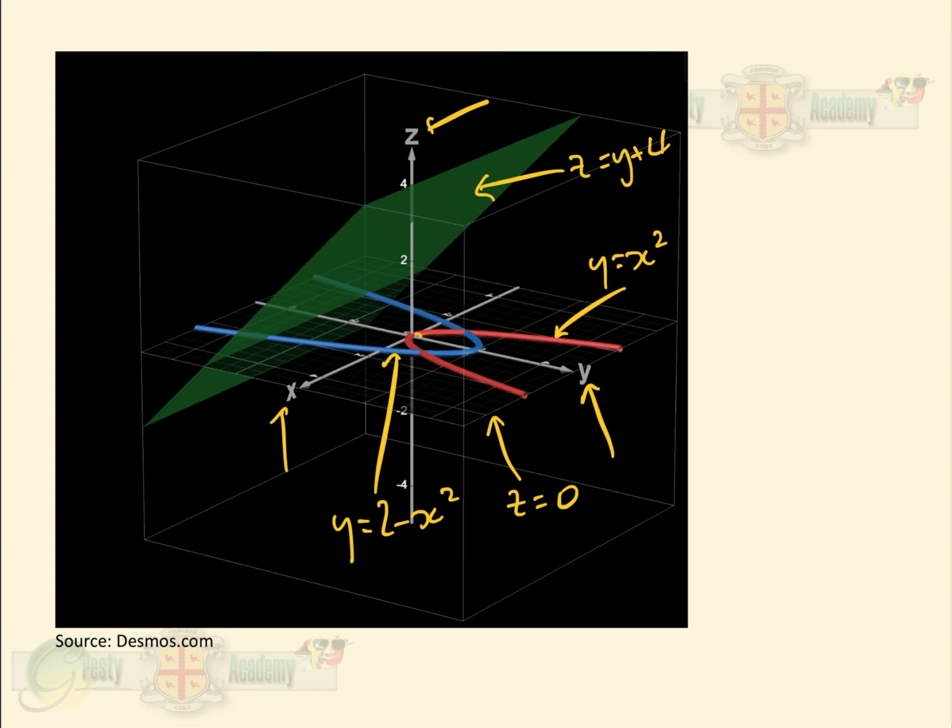And what we have, the bounded bit, is bounded by z equals 0, i.e. the xy plane, and it's also bounded by this plane here. So the volume that we seek is basically that bit there.